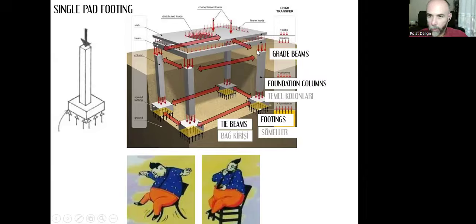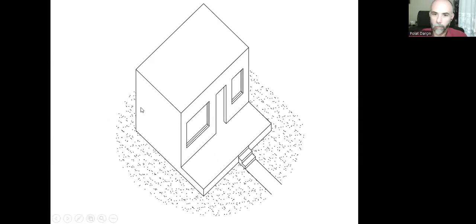And that's what we call the grade level, su basman düzeyi. So at this level, if we tie the columns together, then we will be using grade beams, zemin kotunda kiriş in Turkish. We need to tie them in both levels. We both need tie beams and grade beams.